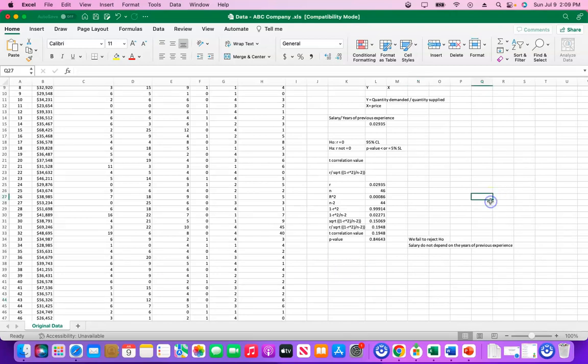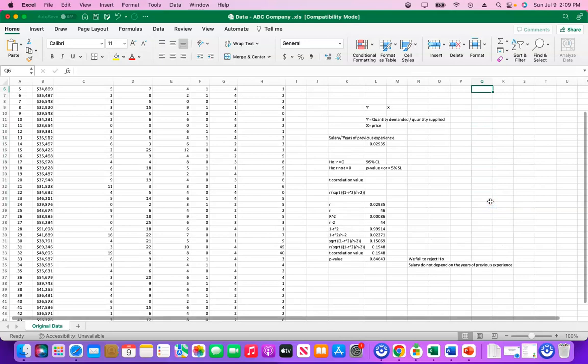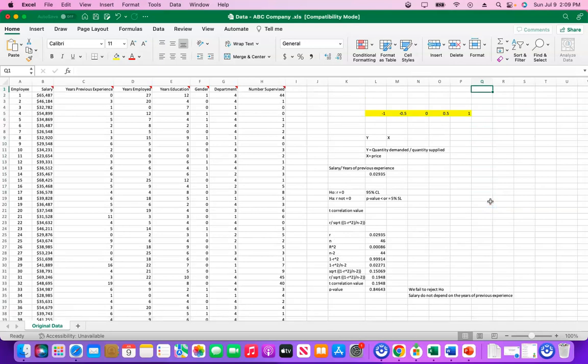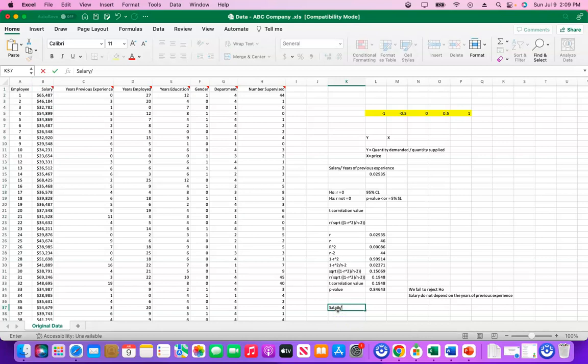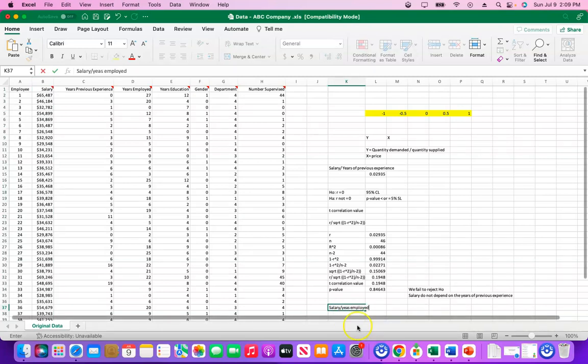We can also find the correlation between salary and another variable. So let's see if there is any correlation between salary and the years employed. So let me write here salary and years employed.